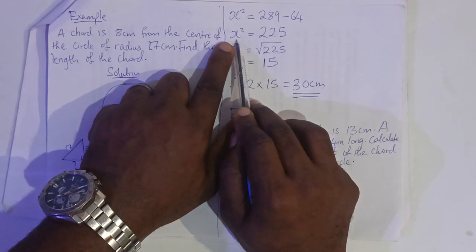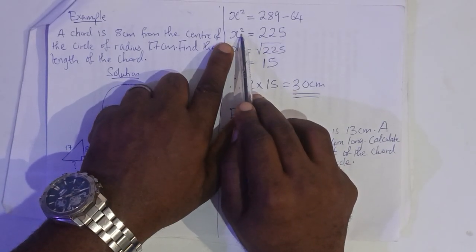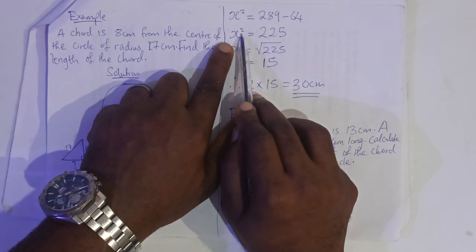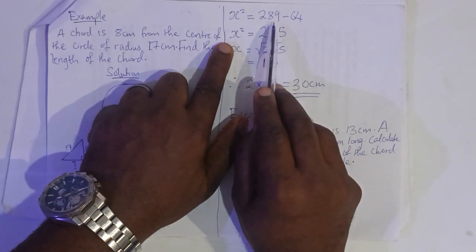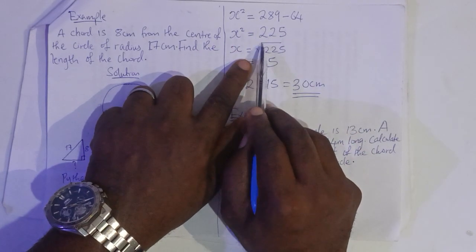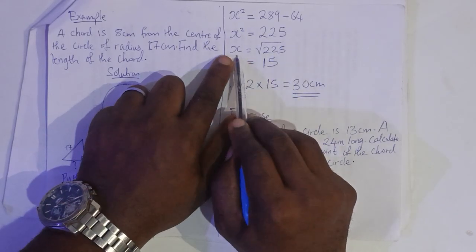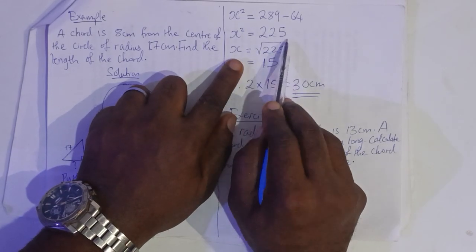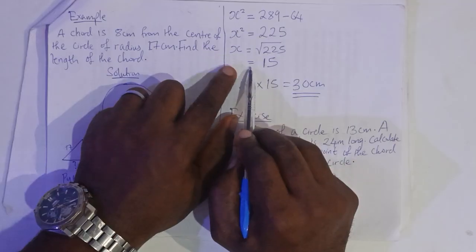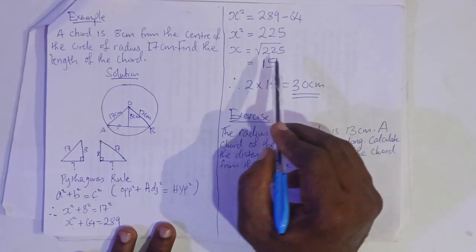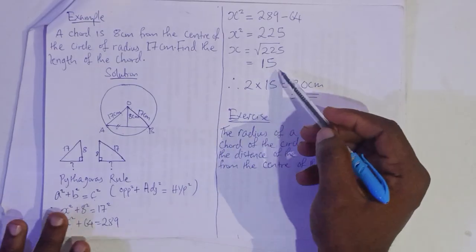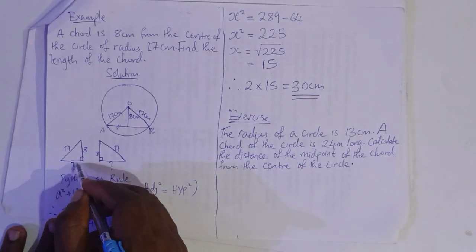Now, I'm looking for x, not x squared. That means I have to get rid of this square, but I have to do it properly so that I don't do the wrong thing. When the square jumps over the equality sign, it becomes the square root. So x equals the square root of 225. So x is equal to 15. The square root of 225 is 15, which means this side is 15.